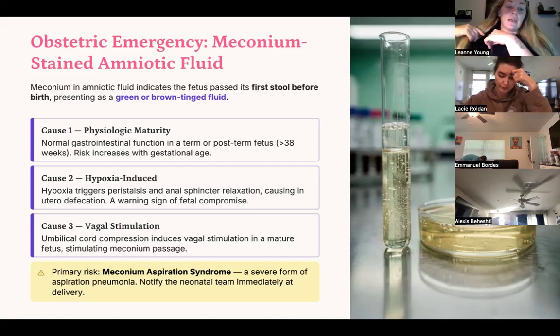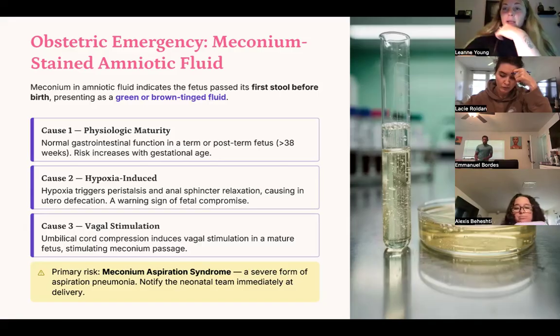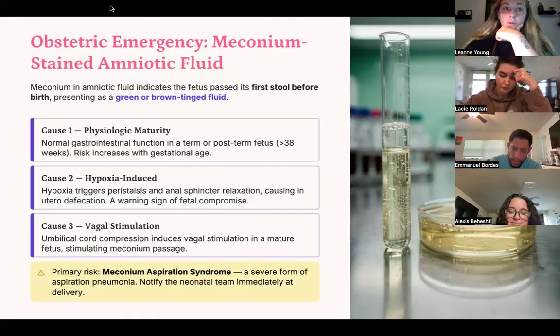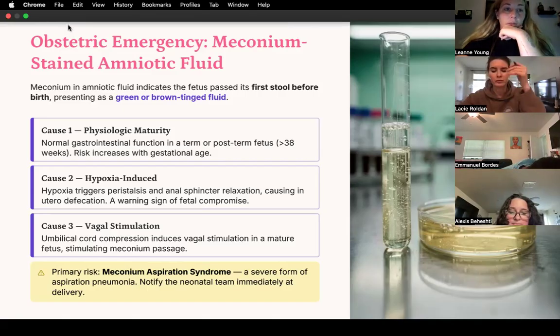And then the last thing is vagal stimulation. So umbilical cord compression, okay, could cause meconium passage. So in this instance, it could be babies having variable decelerations or some type of decelerations indicating that they are having compression on the umbilical cord, causing them to have a bowel movement. All right. The primary risk associated with this would be meconium aspiration syndrome.